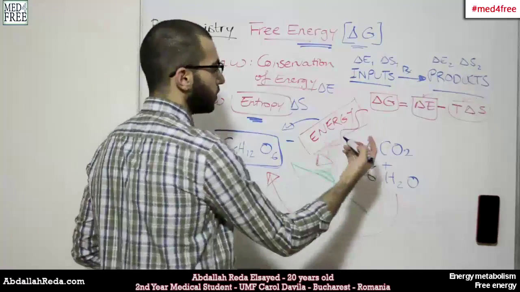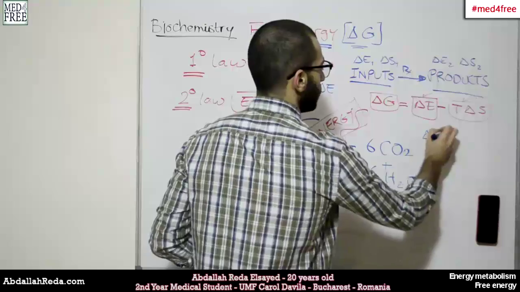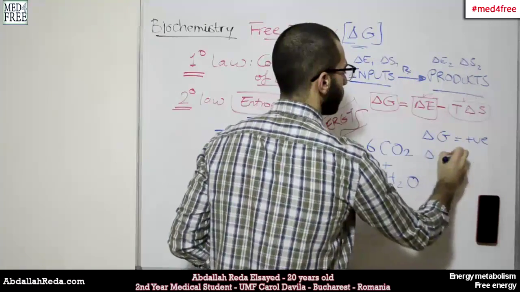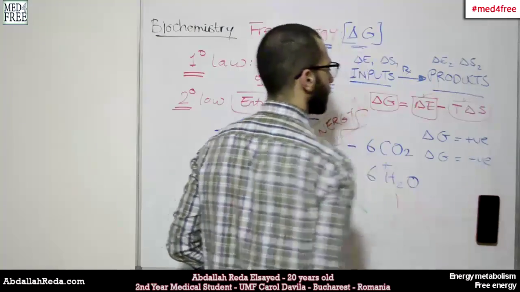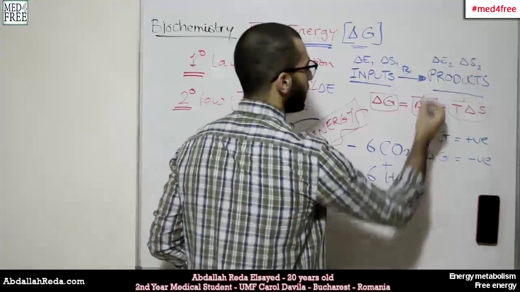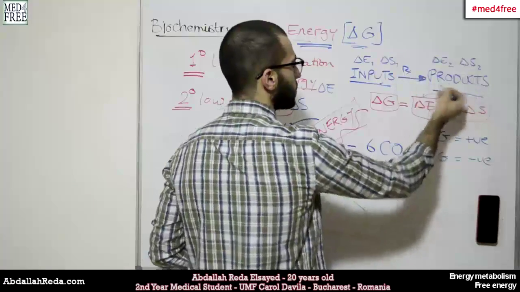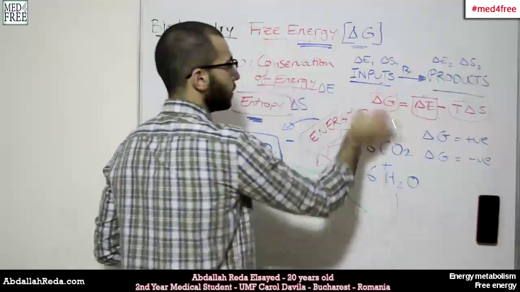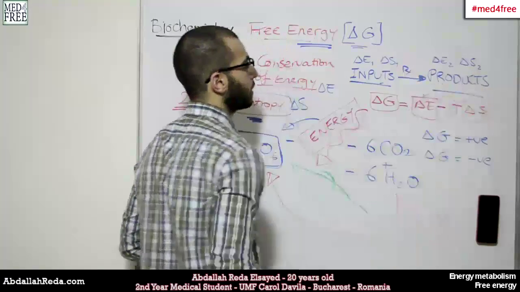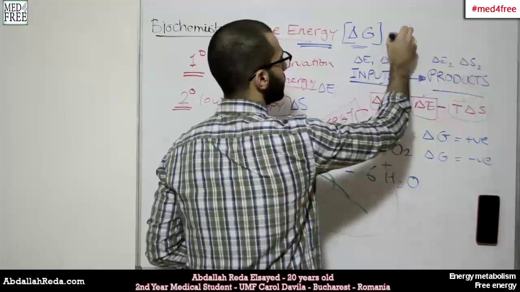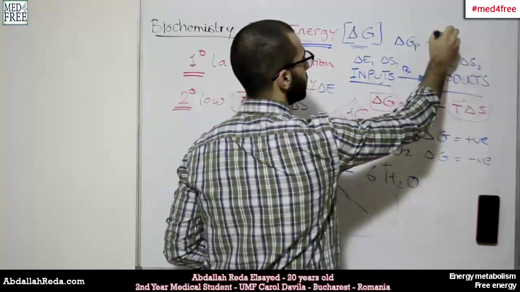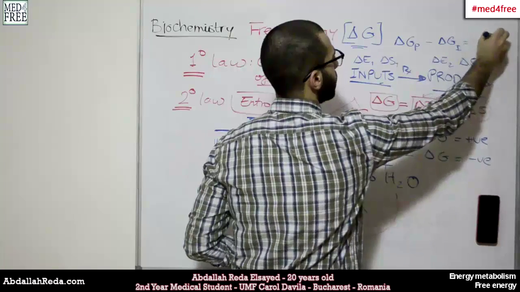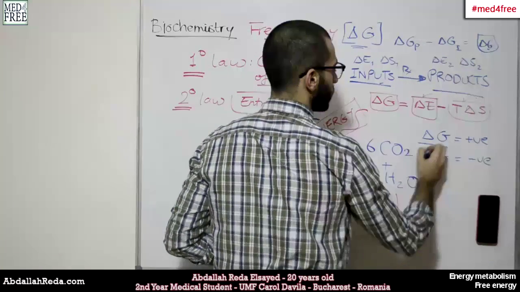And here we would have two cases, whether delta G would be positive or delta G will be negative. And by this I mean delta G of both the inputs and the products. So we calculate this for the inputs and we calculate this for the products, and then we would have the delta G of the products minus the delta G of the inputs, and we will obtain our total delta G. This is the thing that we're talking about here.